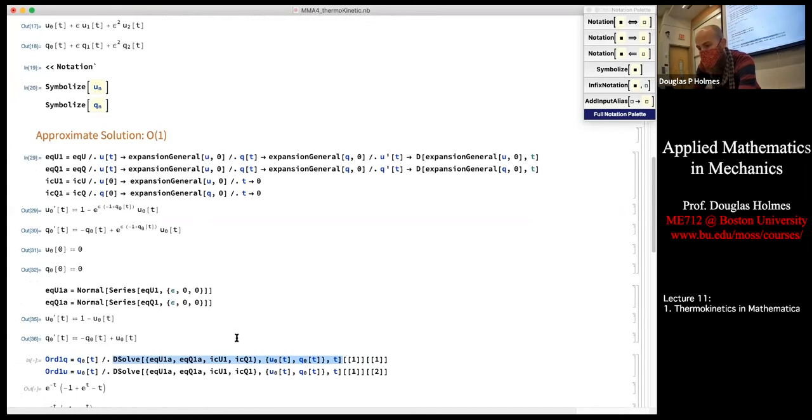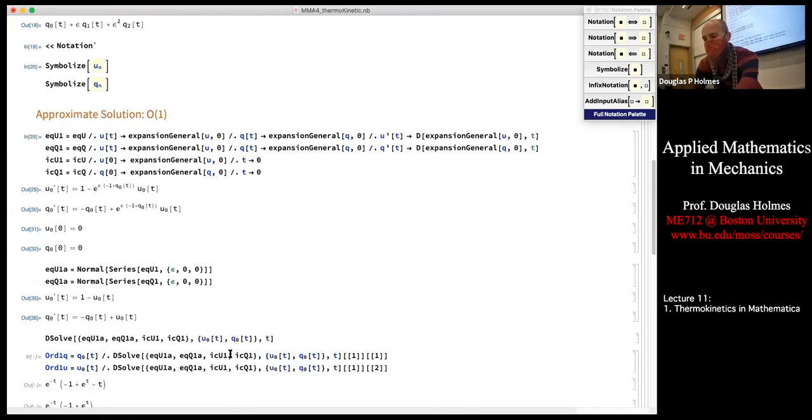So I come here. I was talking to someone maybe last class or last office hours. What I like to do is, before I define something as a variable, I run the code and make sure it works. So for instance, this is the DSolve equation. I want to solve this system of 4 equations. Now my 4 equations are my 2 approximate equations here and my 2 initial conditions.